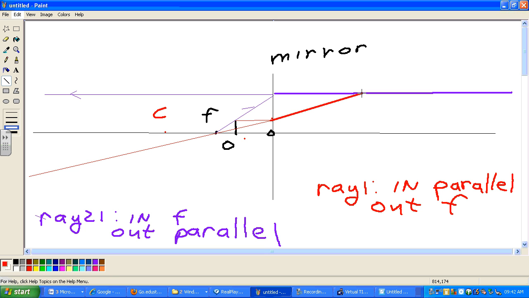And that's good because I've already calculated that it should be a negative. So I think it's going to meet right about there.